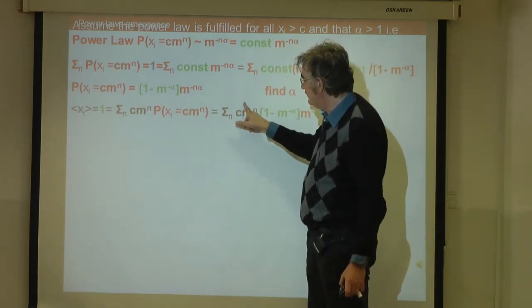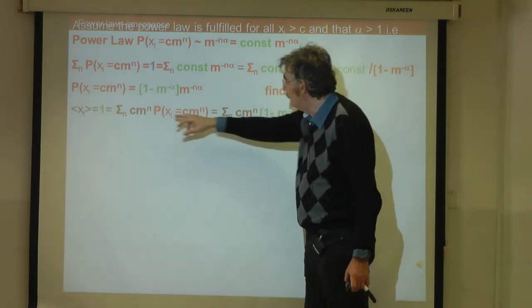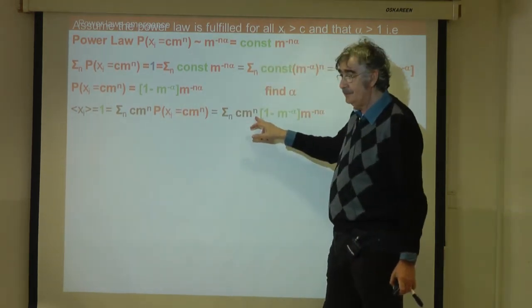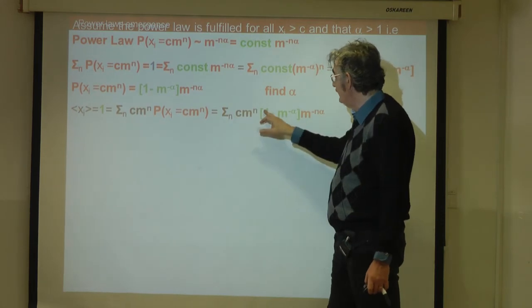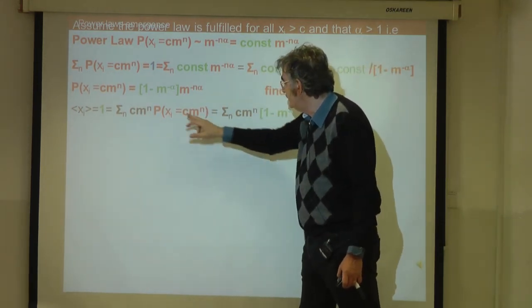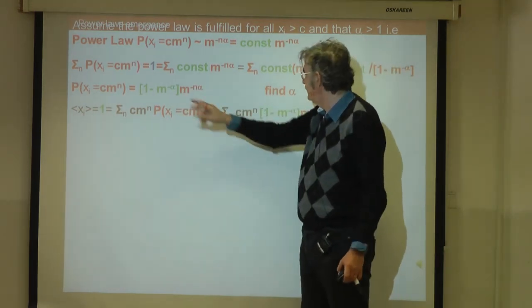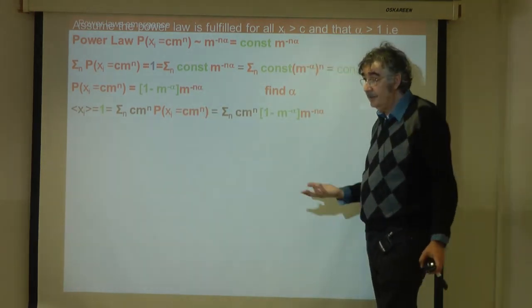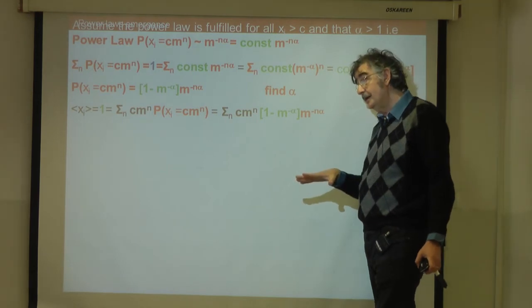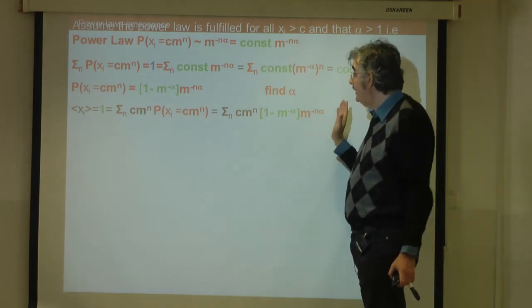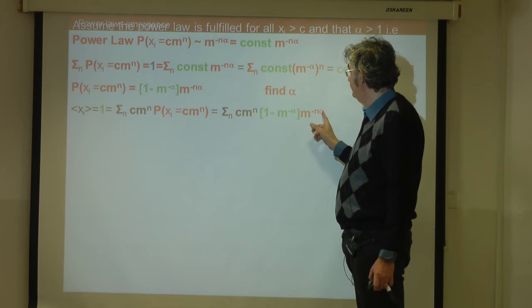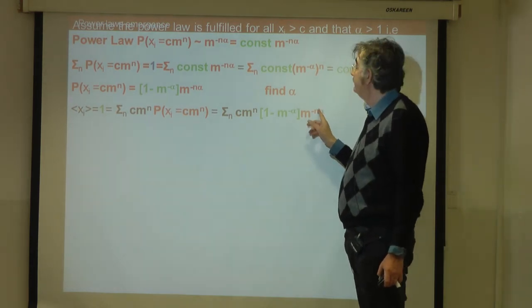So it's the sum over, again, I'm copying the value c to the m to the n, times the probability of x being c times m to the n, which is this. I just substituted. Okay? And now you see that I have a good chance of getting rid of the alpha.